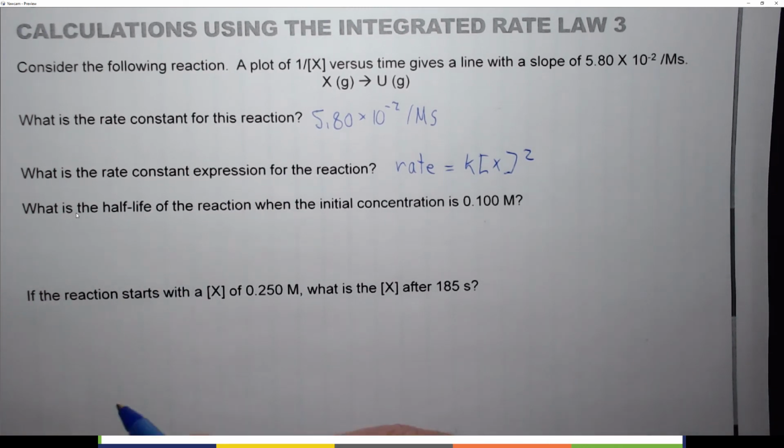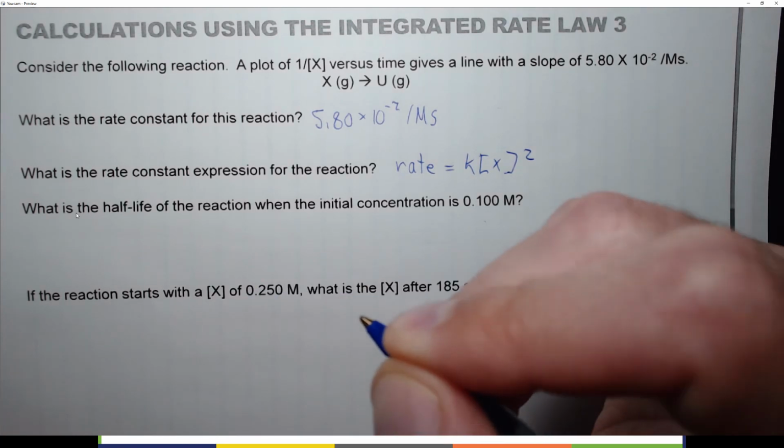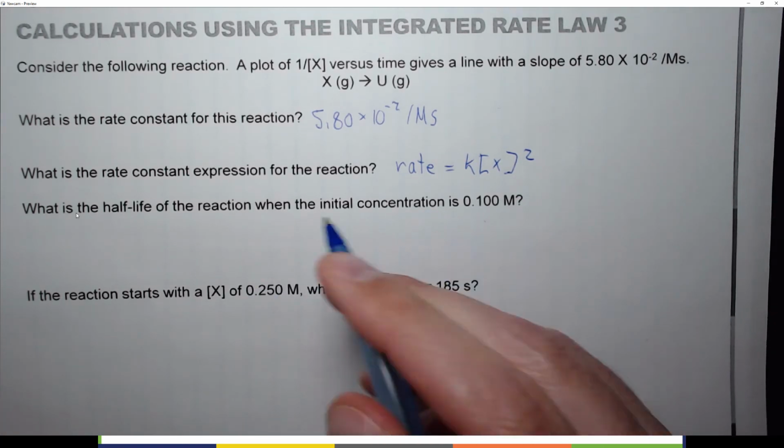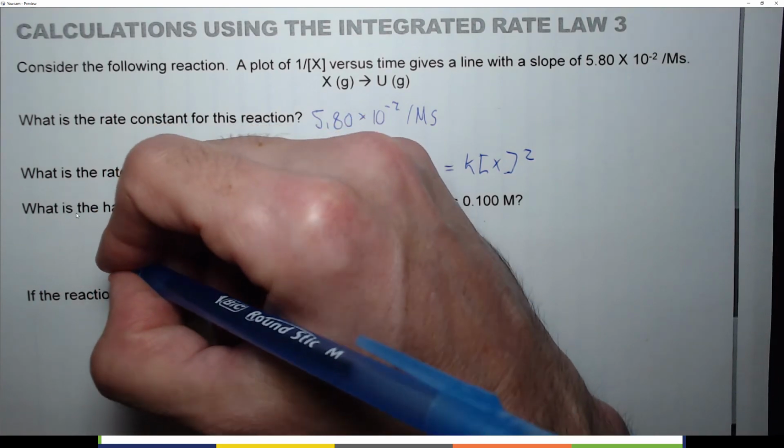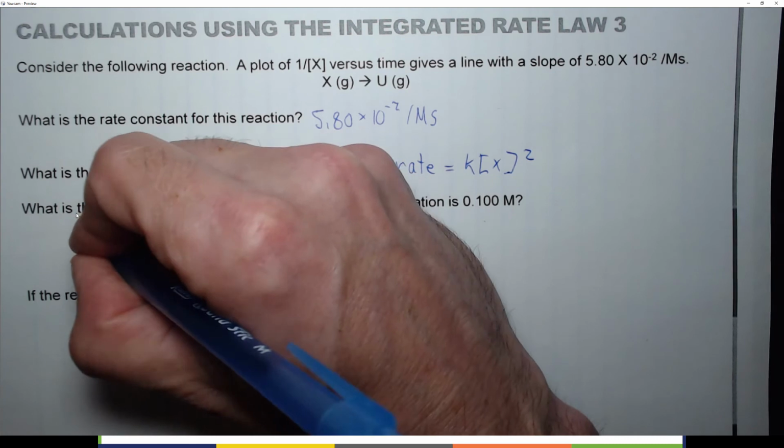Again, we go back to the slide and we need to find the half-life. In this case, we're given the initial concentration, which is important because the half-life of a second order reaction and a zero order reaction depend on the initial concentration.